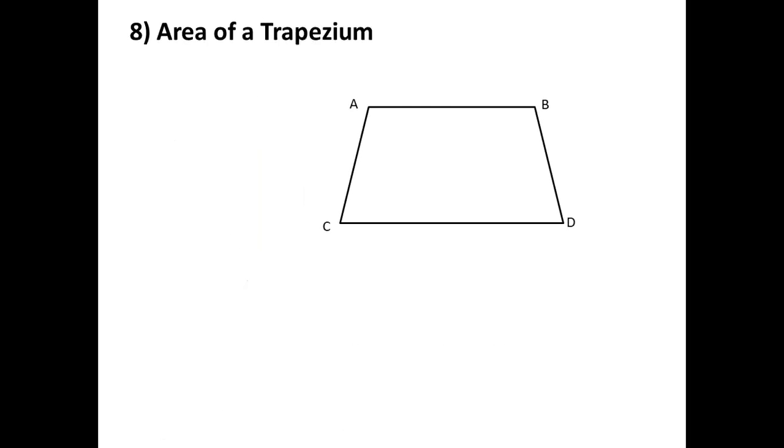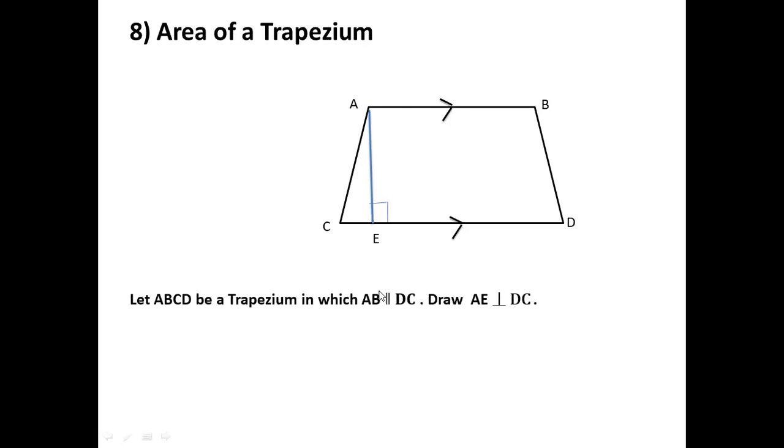Here, trapezium is also a quadrilateral. In this quadrilateral, two sides will be parallel. That quadrilateral which has one pair of sides parallel is known as trapezium. When you find the area, these parallel sides are taken as B1 and B2, and this perpendicular is the height h.